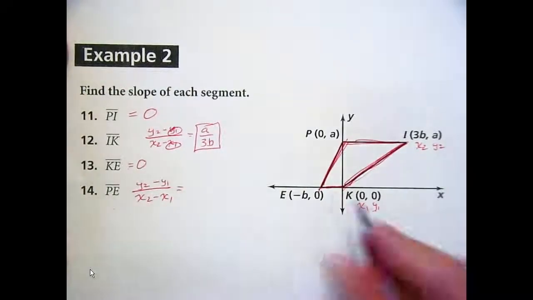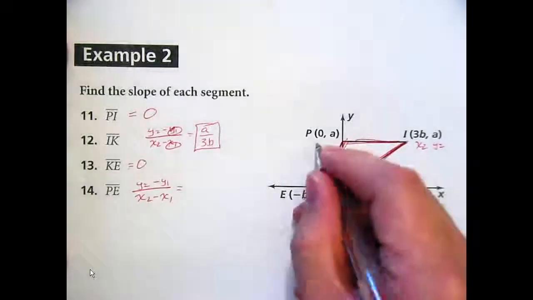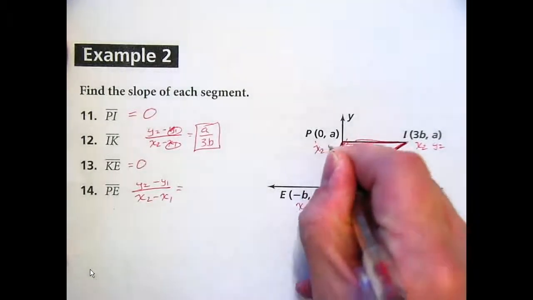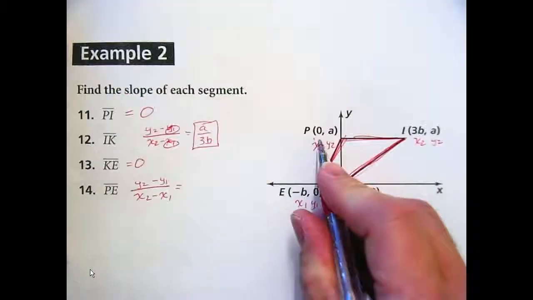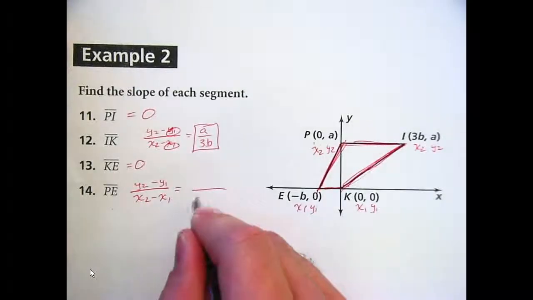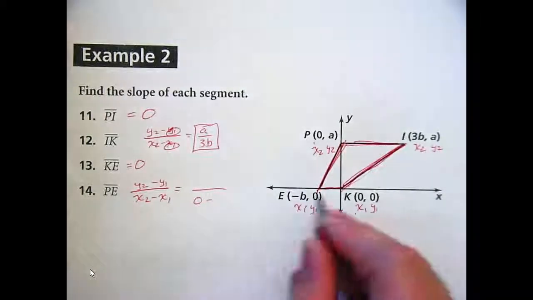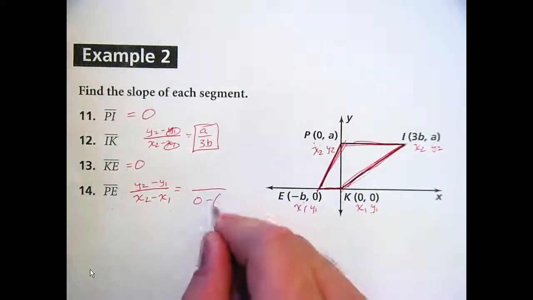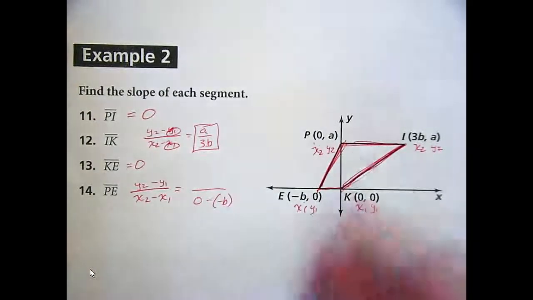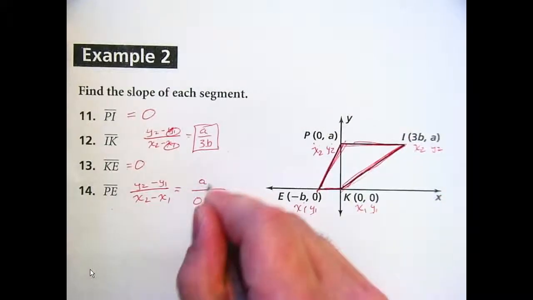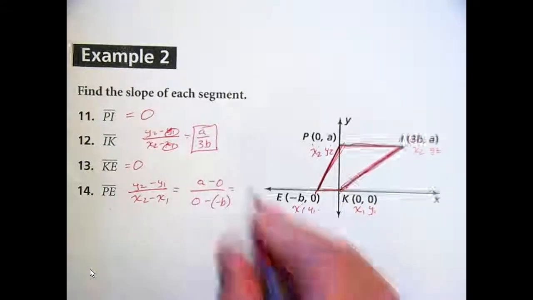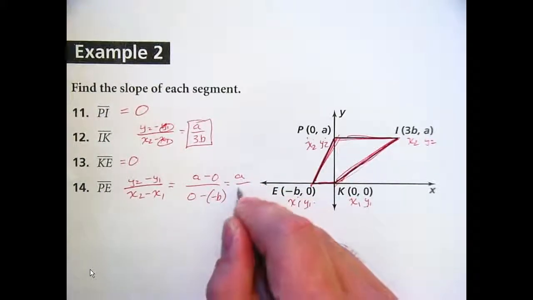Okay, so once again, if we call this x1, y1, x2, y2, we have 0 minus b on the bottom there. 0 minus negative b. And then we have a minus 0. So our answer is a over b.